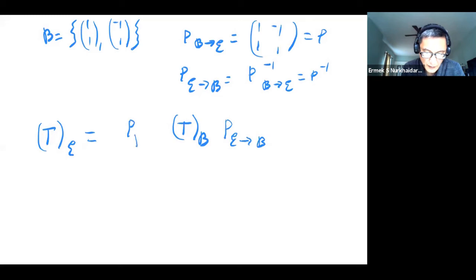So we're going from B to E. Okay. So in terms of our language, that's going to be P, T in base B, P inverse.